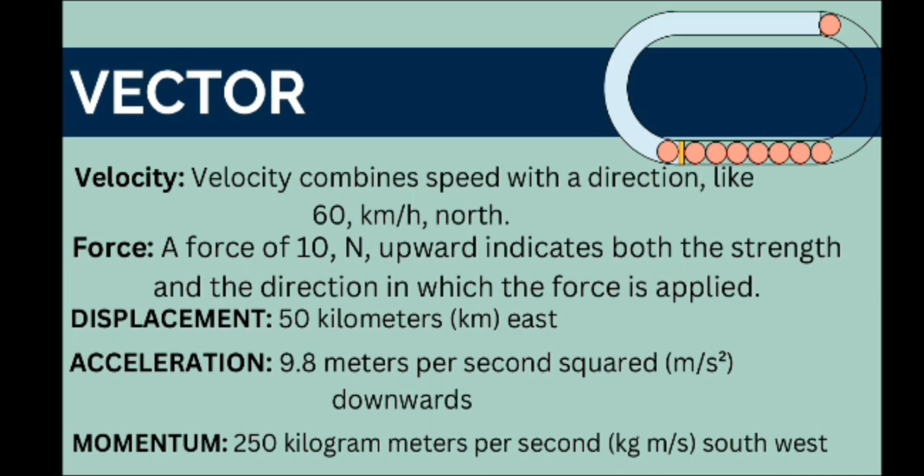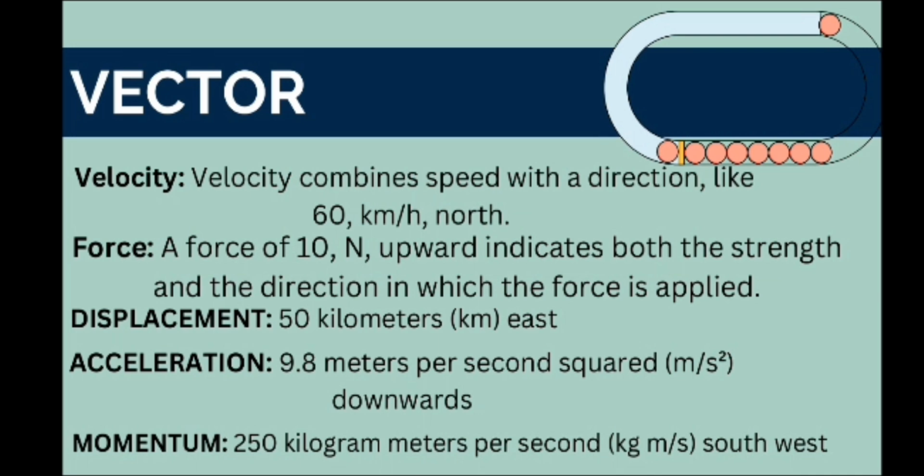So the magnitude here is 10 and the direction here is upward. Then the displacement is a change of position of an object. An example is 50 kilometers east, where the magnitude is 50 kilometers and the direction is east.